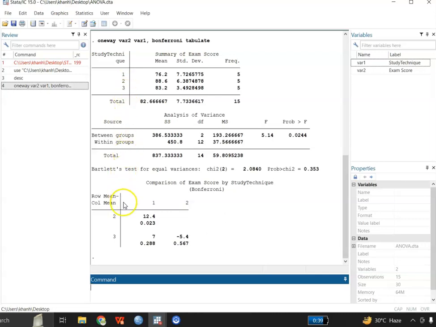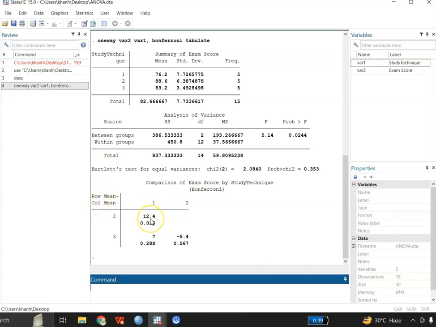And this is the Bonferroni test for comparison of exam score by study technique. If you look at this, it shows row mean minus column mean.